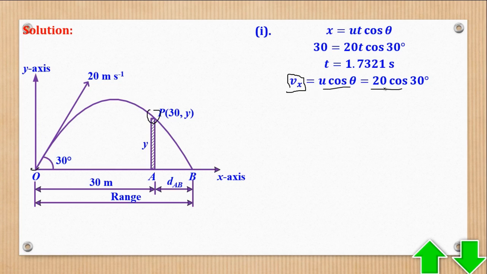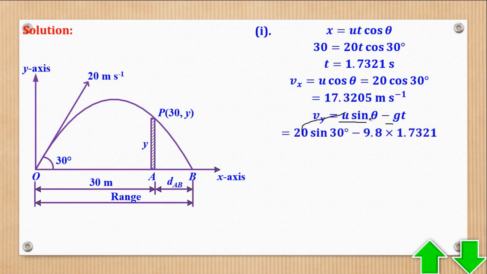So, substitute and use a calculator. But when it comes to vertical velocity, it keeps on changing because of gravity. Therefore, it will be u sin theta minus gt. Substitute for u, theta, g, and t, then use a calculator to come up with a negative value.